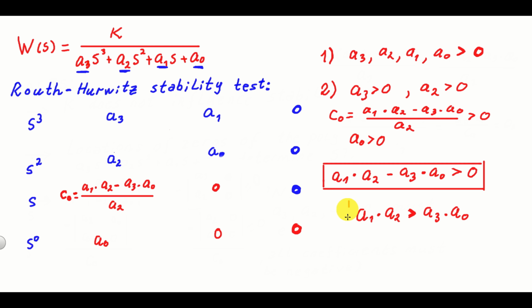Okay, so again, the condition for stability of this transfer function, or more generally of the third order system, is that all the coefficients are positive, and in addition, it is required that this inequality is satisfied. This inequality means that the product of the inner terms should be larger than the product of the outer terms, or the outer coefficients. And that's it.